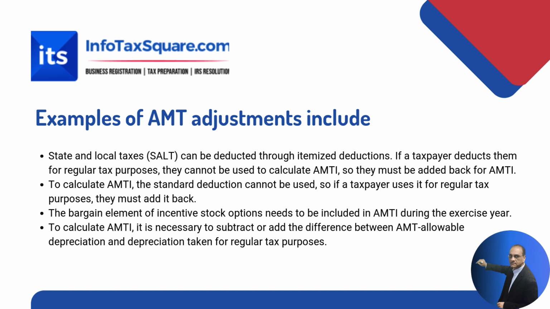Number three, the bargain element of an incentive stock option needs to be included in AMTI on the exercise date. To calculate AMTI, it is also necessary to add the difference between AMT allowable depreciation and depreciation taken for regular tax purposes.